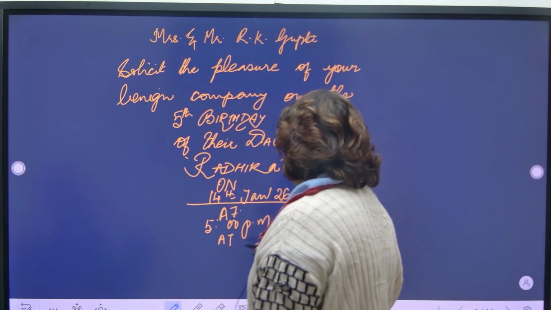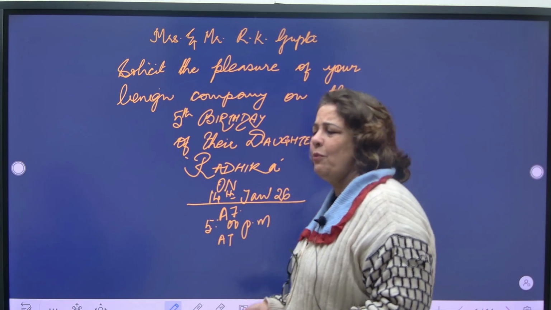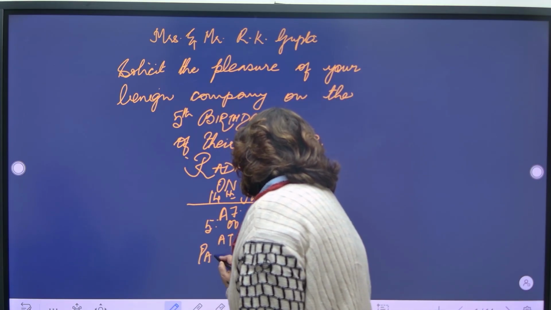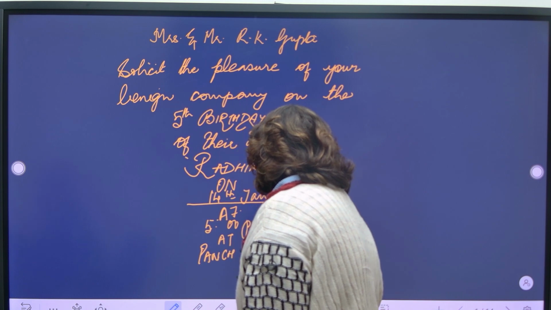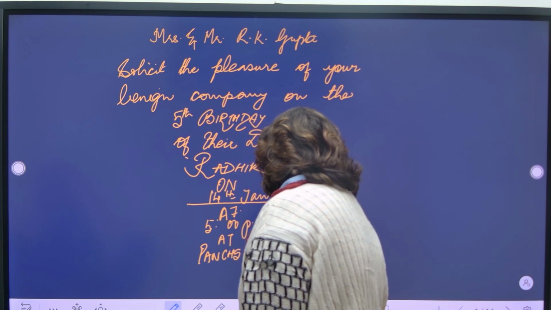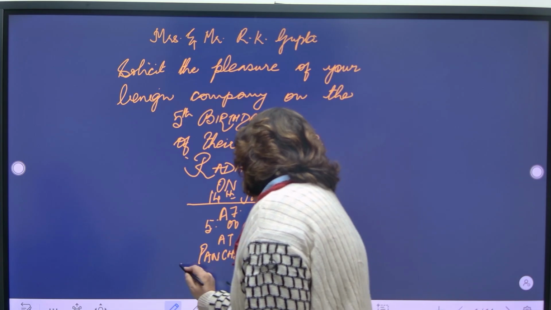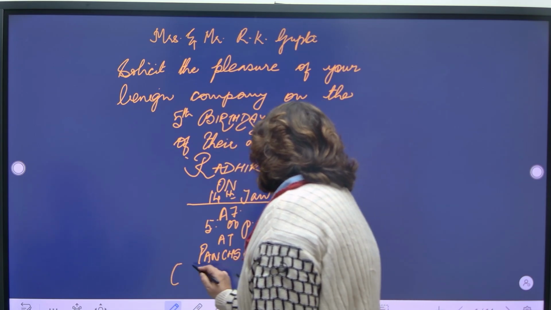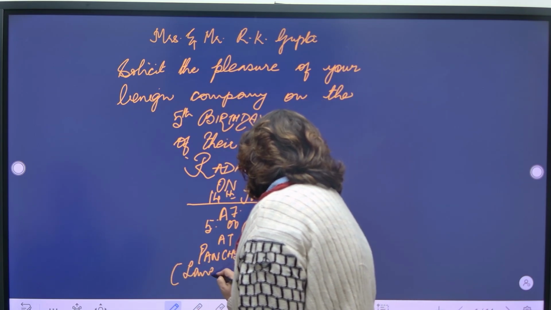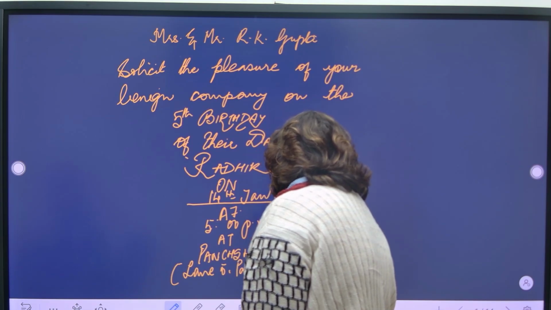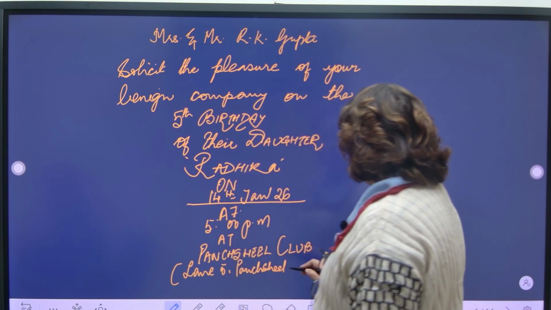Okay, or you can say at, and then you can give the name of an outlet. You can say Panchsheel Club, bracket, Lane 5, Panchsheel Enclave, Delhi.